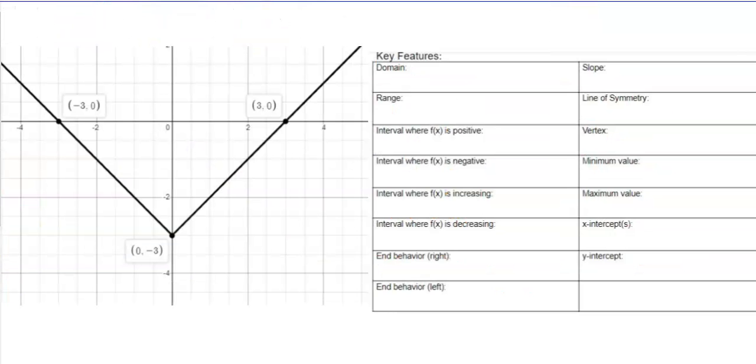The next one is 8c, and the function was f of x equals absolute value of x minus 3, with the minus 3 on the outside of the absolute value. The vertex is at 0, negative 3.